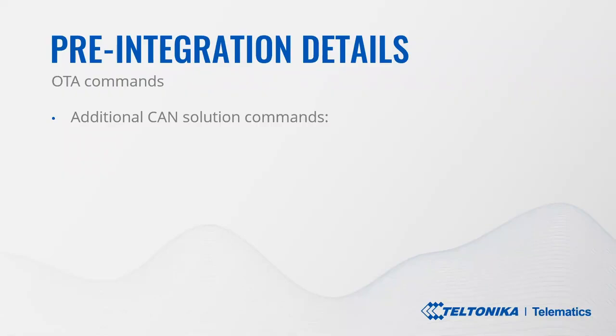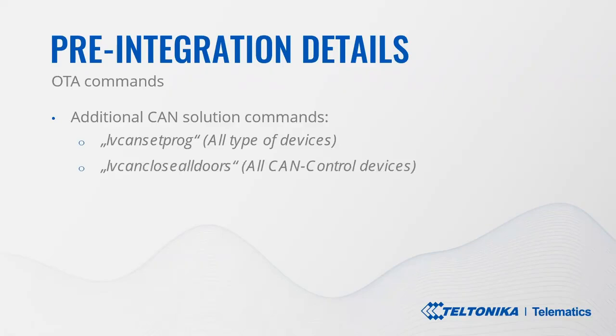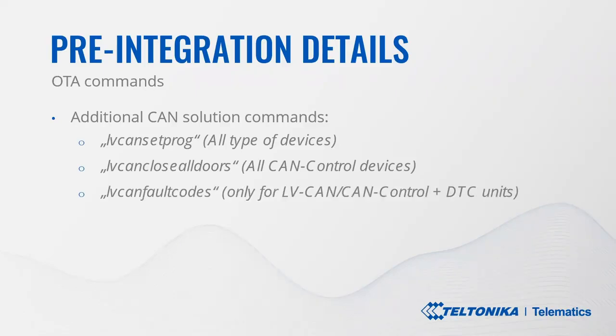Let's move on to the commands that are specific to our CAN solution. Let's have just a basic overview. We have an lv-can set prog command, which has been previously described. This is used for all types of devices to configure the preferred program number. lv-can close all doors is used specifically for all CAN control devices to close the doors. lv-can fault codes is a specific command to use with the DTC units.